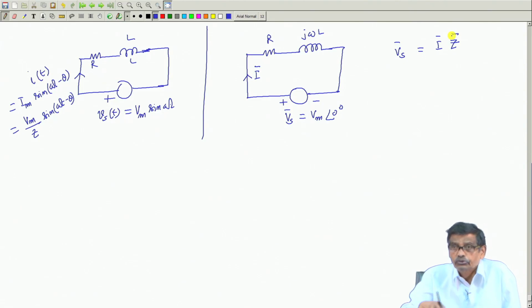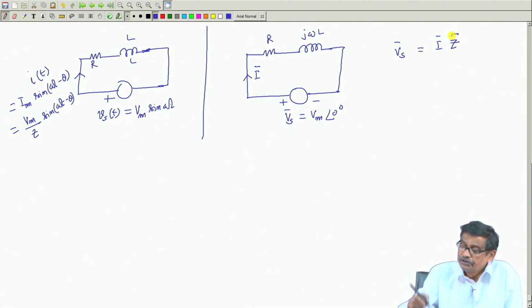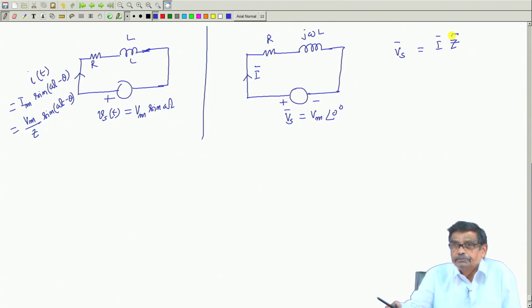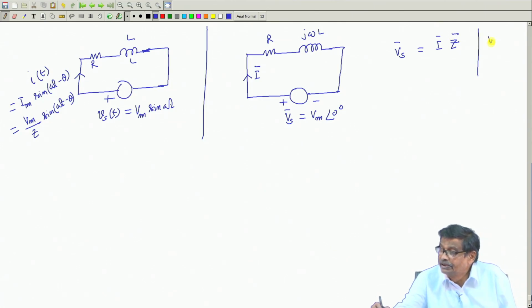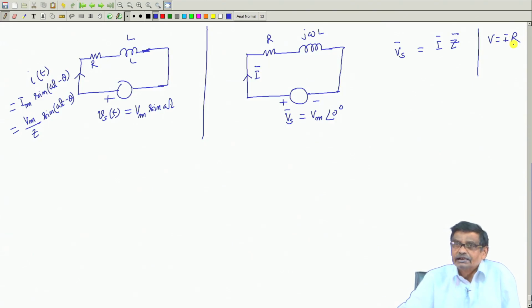Therefore, if I knew this earlier, that the forcing function maintains such a beautiful relationship similar to that of a DC circuit, V is equal to I R, nothing is better than that. What you will simply do is take the sinusoidal time-varying supply voltage, remove the time term, and represent it by a length V s.